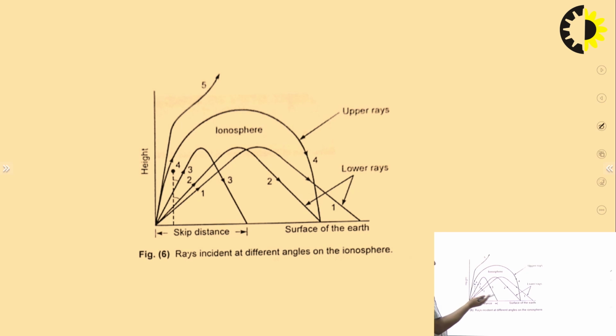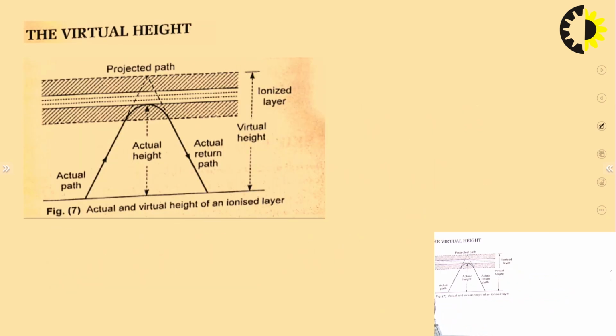So this is a pictorial representation of the ionosphere layers, where layer 1, layer 2, upper layer and lower layer are shown. The third important definition is the virtual height. What is virtual height? If we transmit a sky wave, this sky wave is reflected back to the earth by using Snell's law.